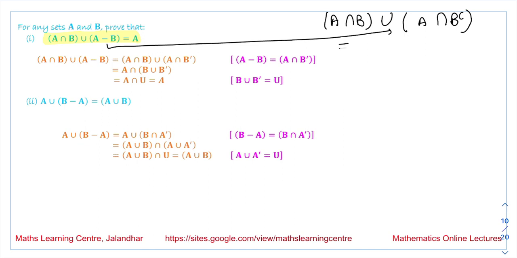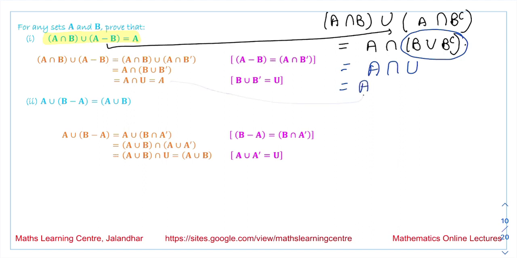So this is equal to A intersection (B union B complement). This result we obtain by using the distributive property, and we know that B union B complement is equal to the universal set, and A intersection the universal set is equal to A, and this is what we have to prove.